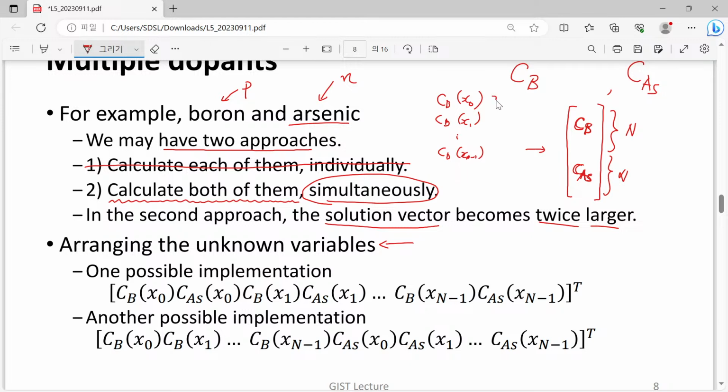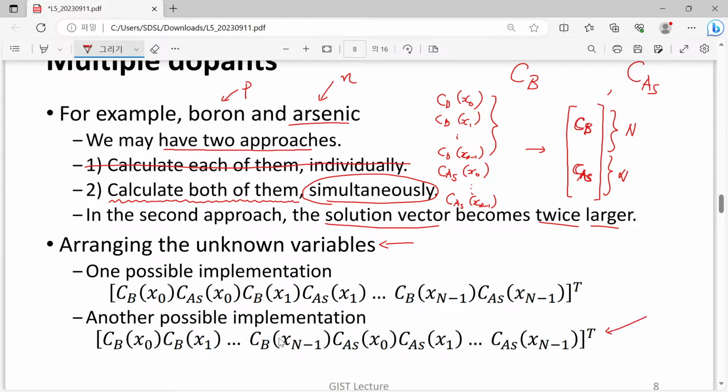Once the Cb entries are arranged as the first n entries of our solution vector, after that we can introduce C arsenic at x0, and so on, ending at xn minus 1. So this is written here.